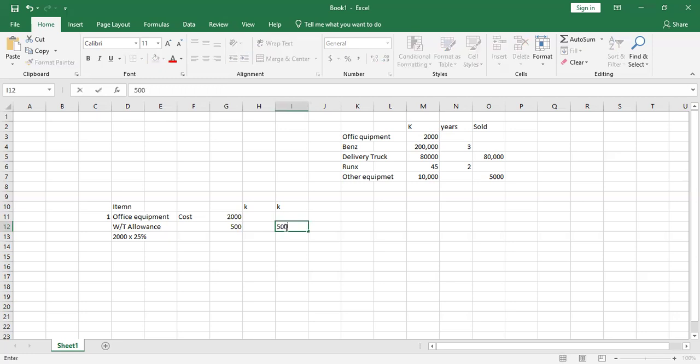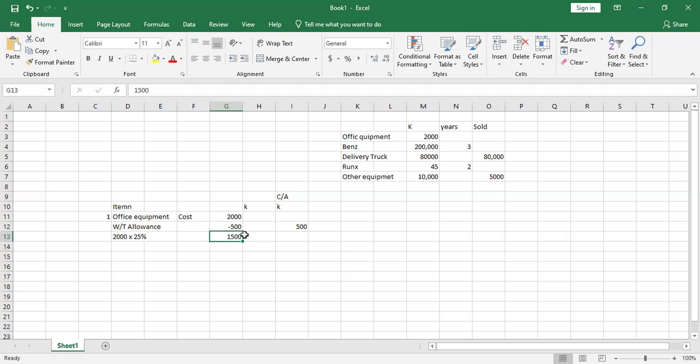So in this column, we put the capital allowance. Then we deduct the 500 from 2,000. We're going to have 1,500. Are we together? Yes.